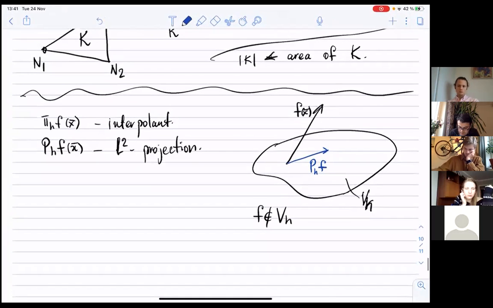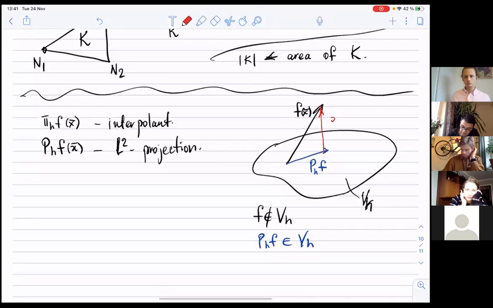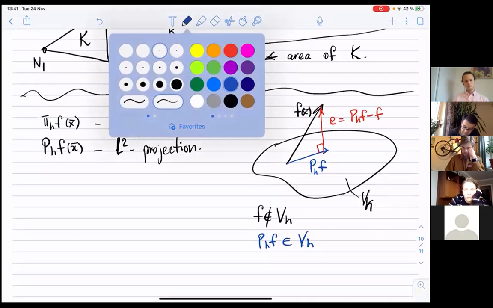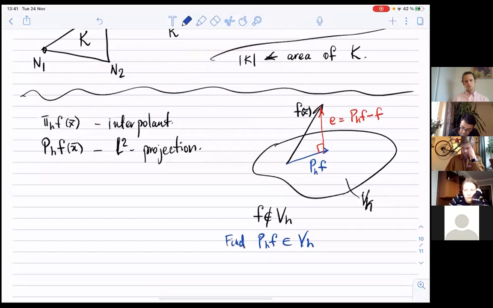So find P_h f belonging to V_h such that the error, P_h f minus f, is orthogonal to the finite element space. So this is like the projection idea that we did in 1D.